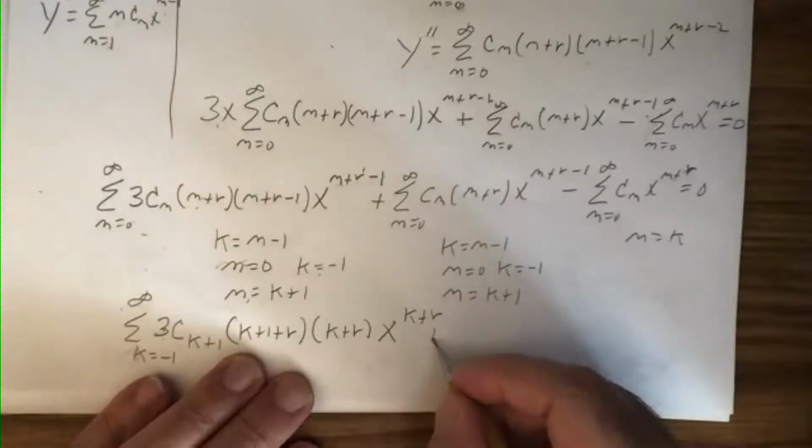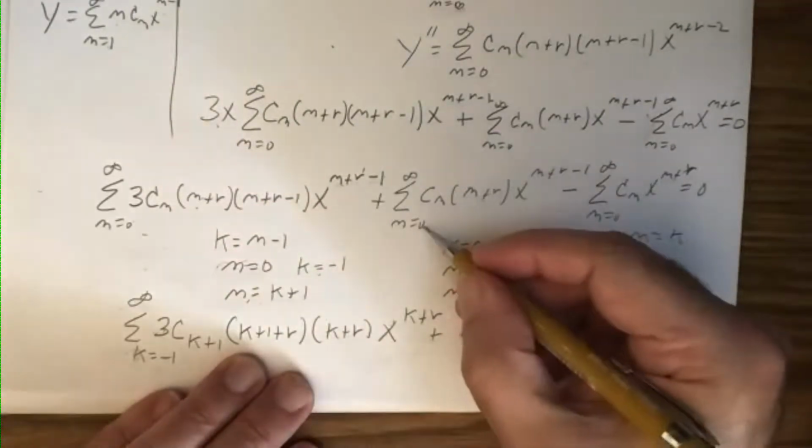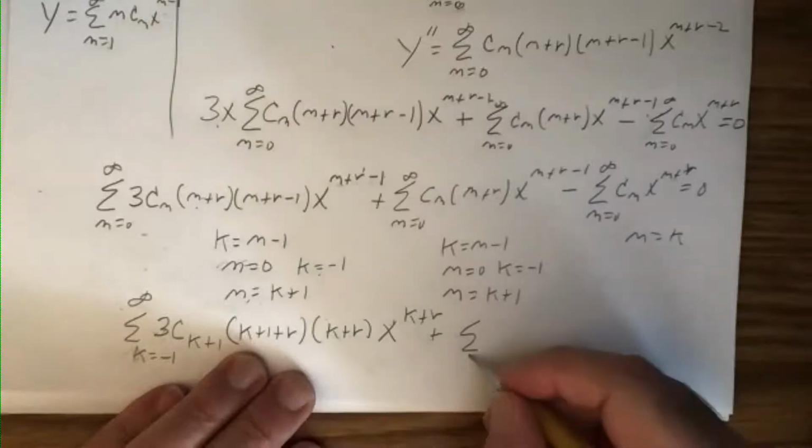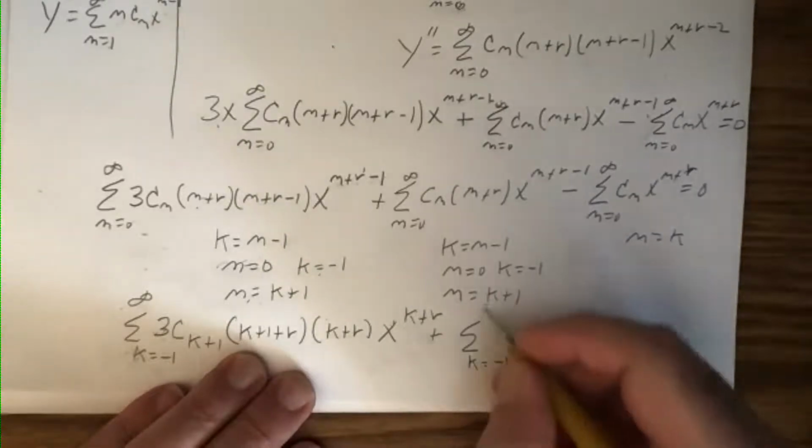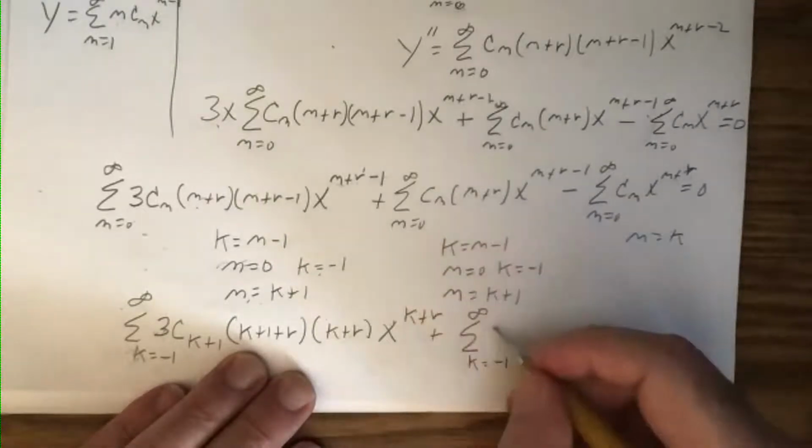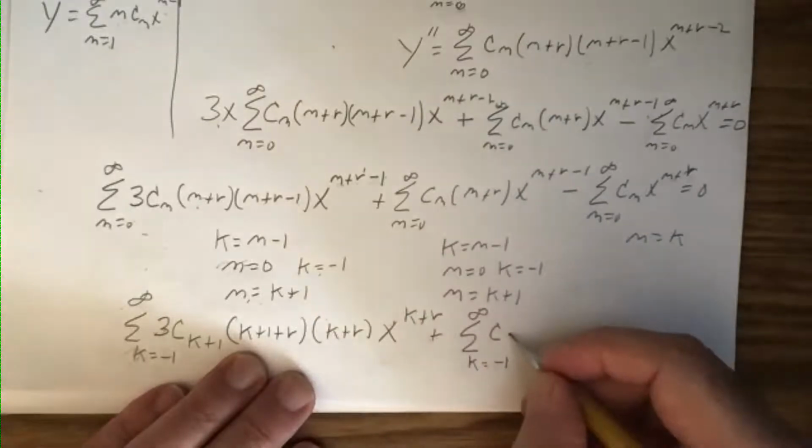Now the next one, once again, starts from n equal to 0, so this is k equals -1 to infinity. Now this here is going to be c to the k plus 1.